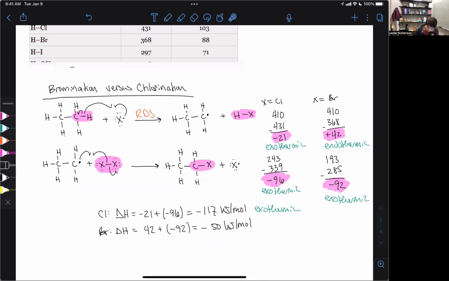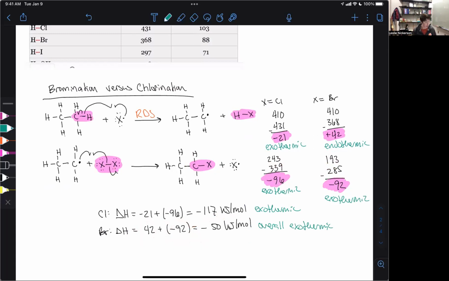And when I look at my bromine version, I start off with an endothermic step, but then my exothermic step is so exothermic that I still have overall an exothermic process. So it's still favored for the bromination. It's probably just going to be slower because that first step is going to take some time to get over that higher energy barrier.